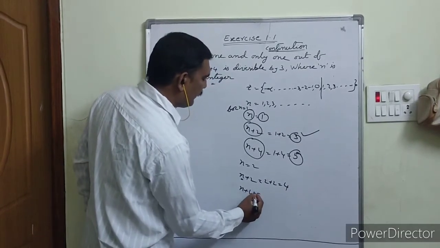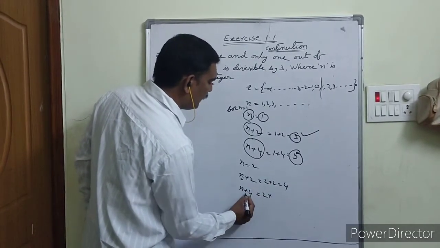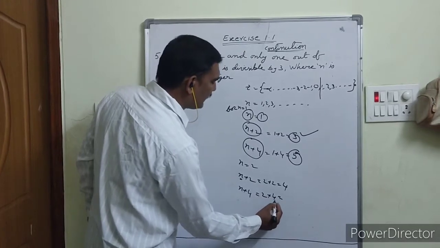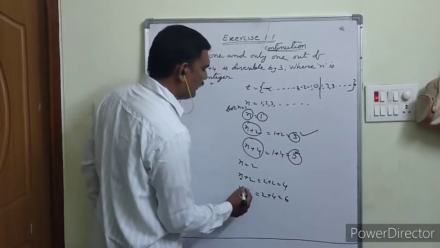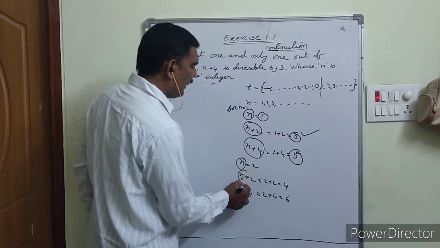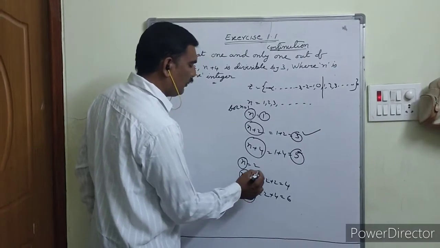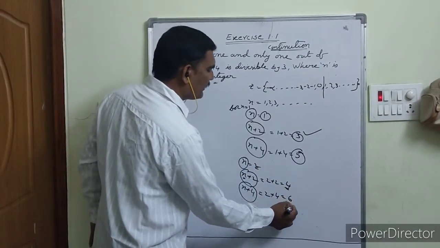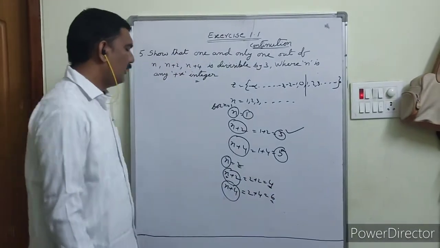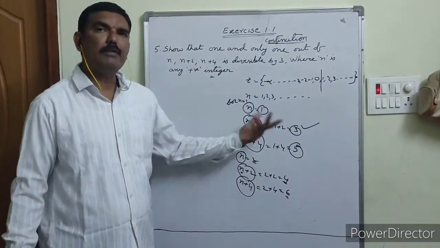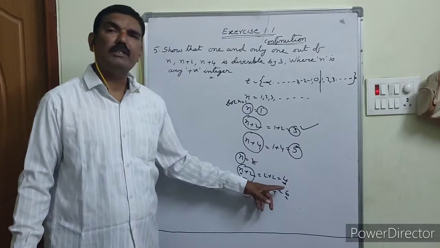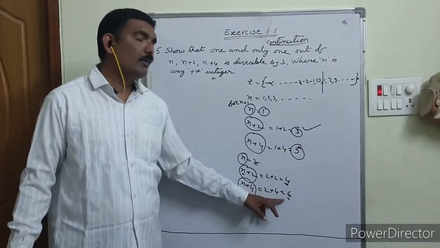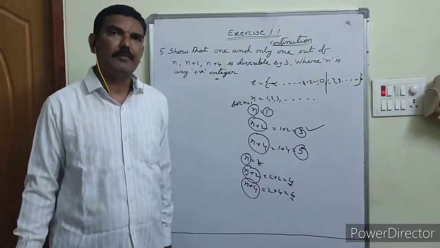And here, in place of n, 2, plus 4 as it is, 2 plus 4 is 6. So the values you got are 2, 4, 6. 2 is not divisible by 3, 4 is also not divisible by 3, but 6 is divisible by 3.